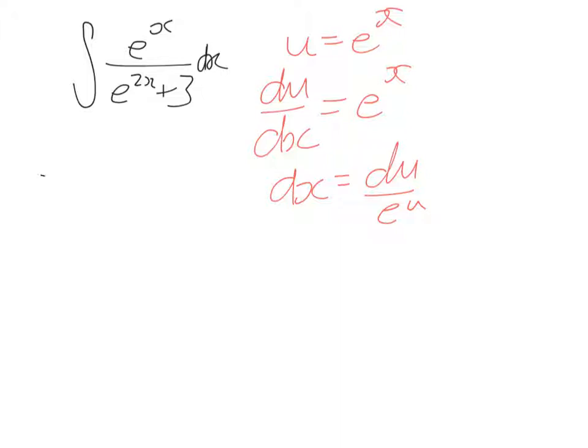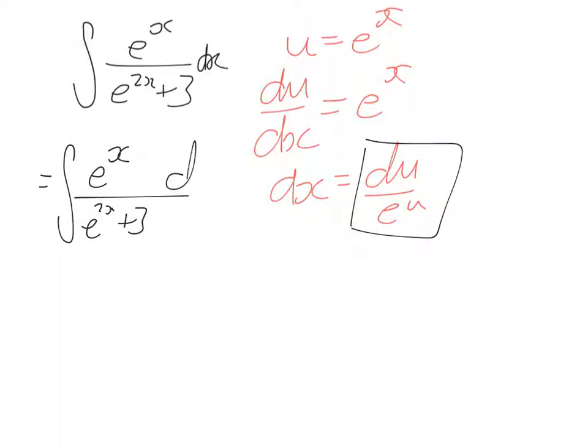And now we can put that into our integral, and we're going to get e to the x over e to the 2x plus 3 times, instead of dx, we're going to have du over e to the x. That cancels top and bottom, e to the x.